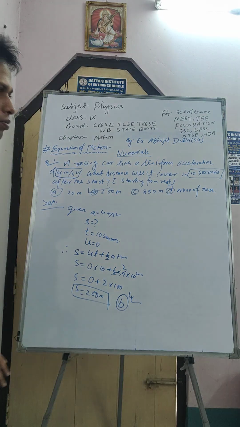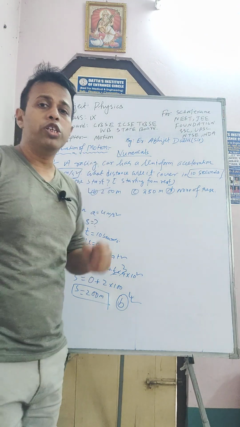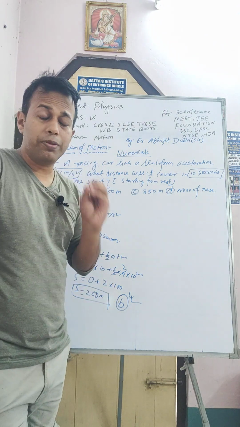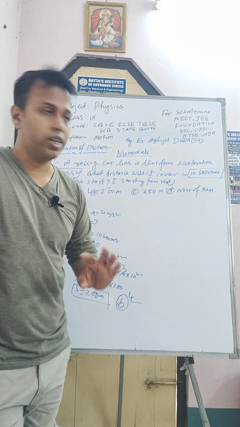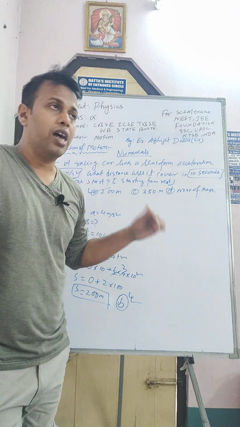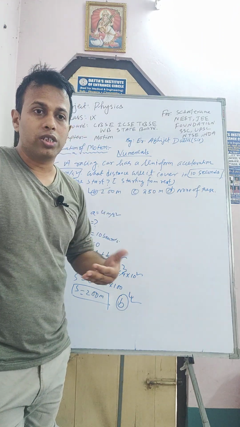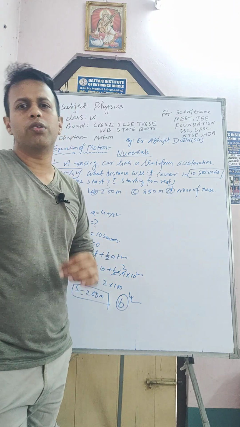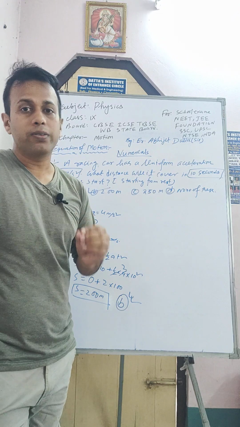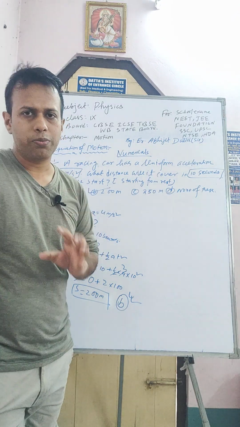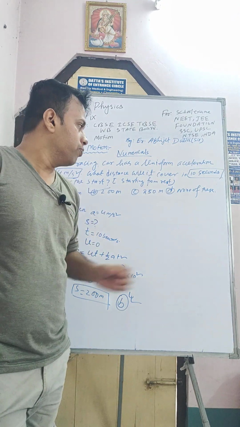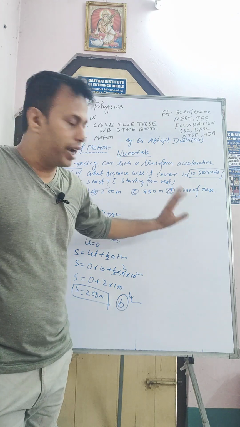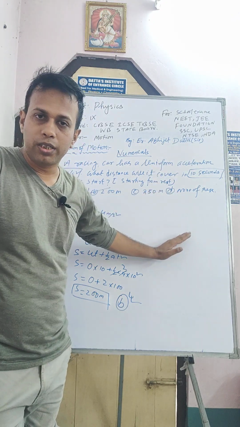Now the question is, sir, sometimes we don't know which formula is used. I know the variables that are given, I know what the question asks me to find, but we don't know which formula to use. There are 3 formulas. For that you have to practice lots of questions. But another thing you can do: the first step is to write what is given in the question.